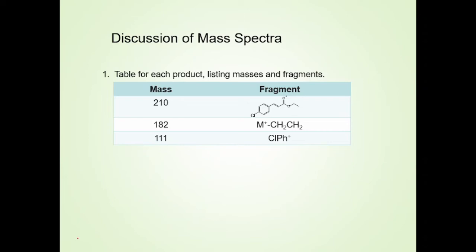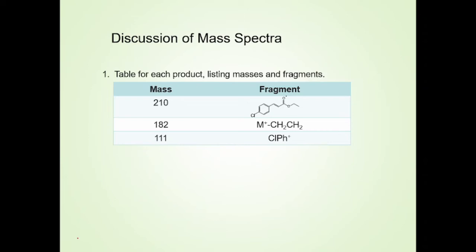And because this is something that has lost the ethoxy group, this would be the 165. Or you could write it M+ minus the ethoxy group. Either one of these is acceptable. Whichever one you find more convenient, you can write that out. Okay, so either method works.